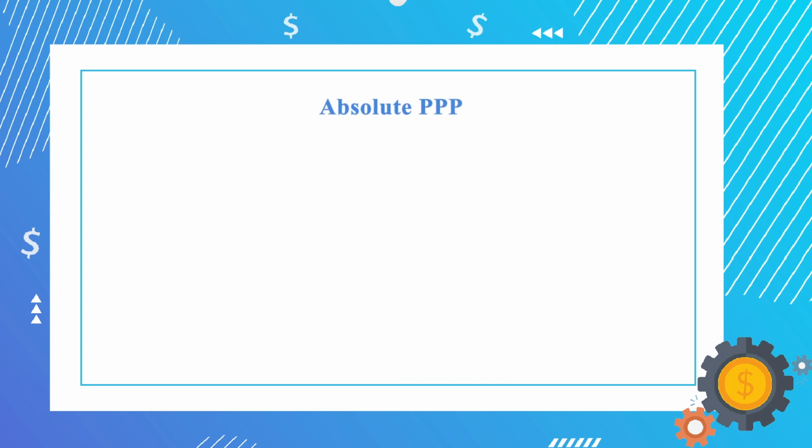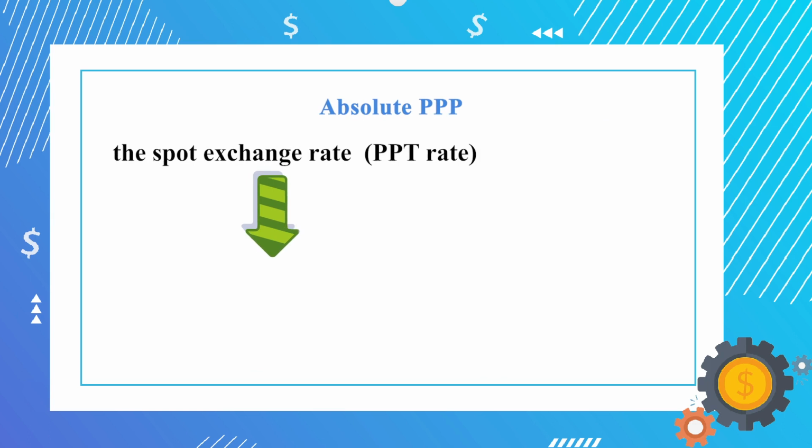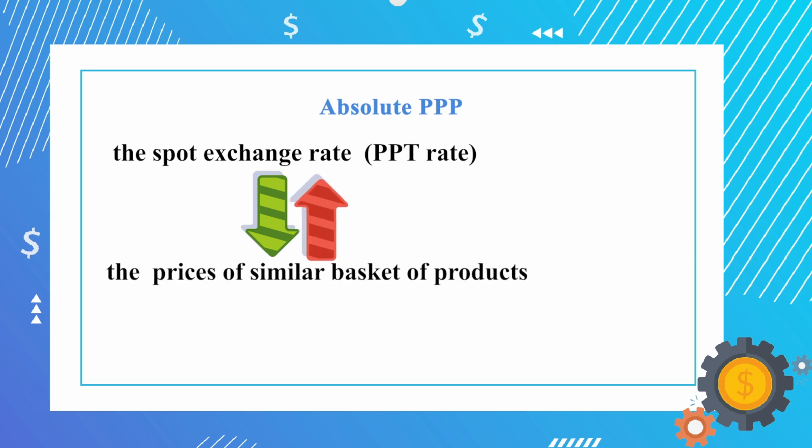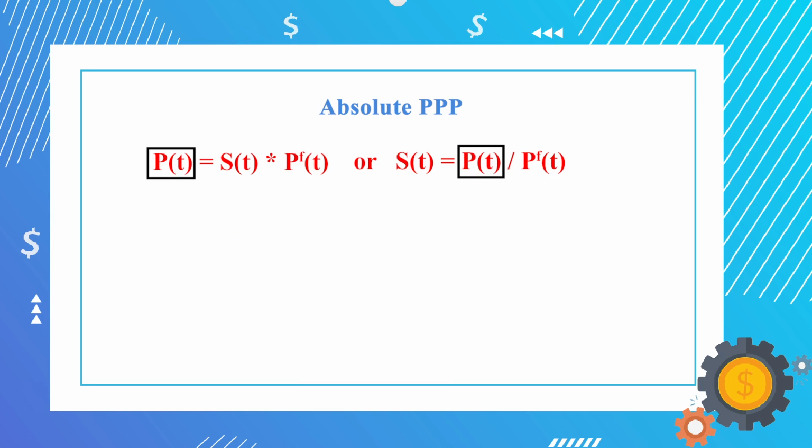Absolute PPP states that the spot exchange rate is determined by the relative prices of similar baskets of goods. Through price comparison, prices of individual products can be determined through the PPP exchange rate, which can be expressed by the following formula: PT equals ST multiply PTF, or ST equals PT over PTF, where PT and PTF indicate domestic and foreign prices respectively.